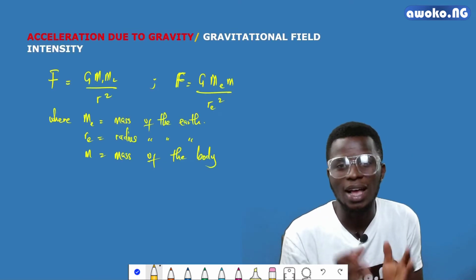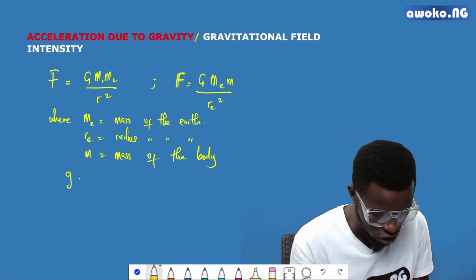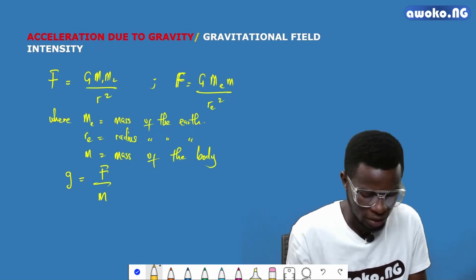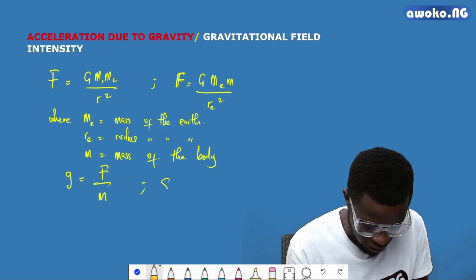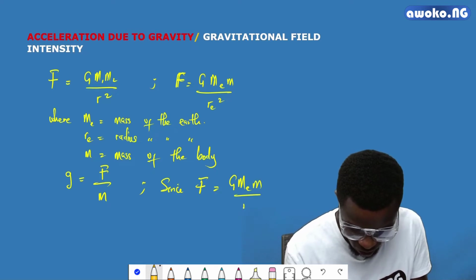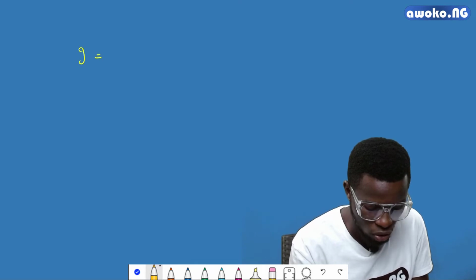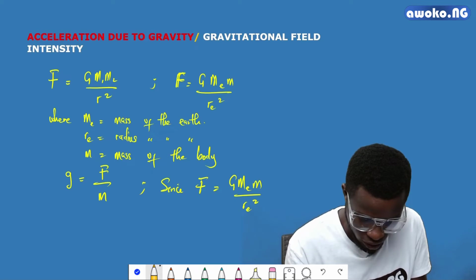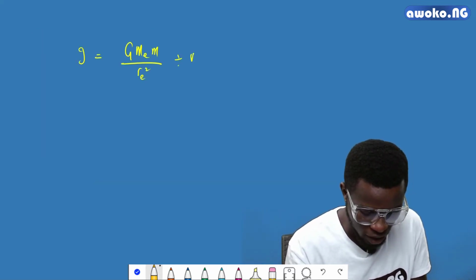Okay, since we said that acceleration due to gravity is the force per unit mass, we say that g is equal to force over mass, that is force per unit mass. And we know that since F is equal to G Me m over Re squared, therefore we can say that g is equal to G Me m all over Re squared, divided by m.